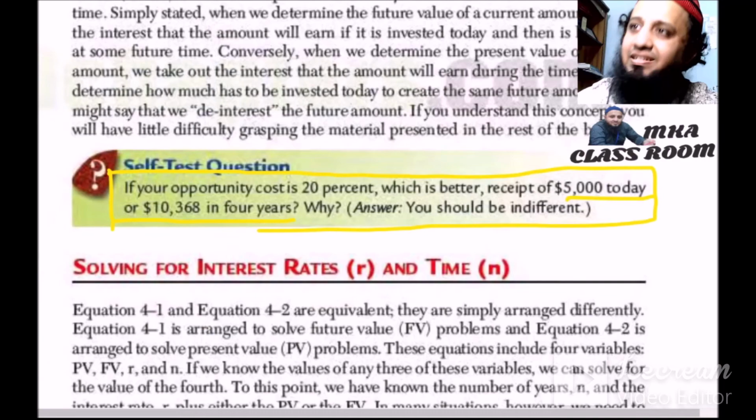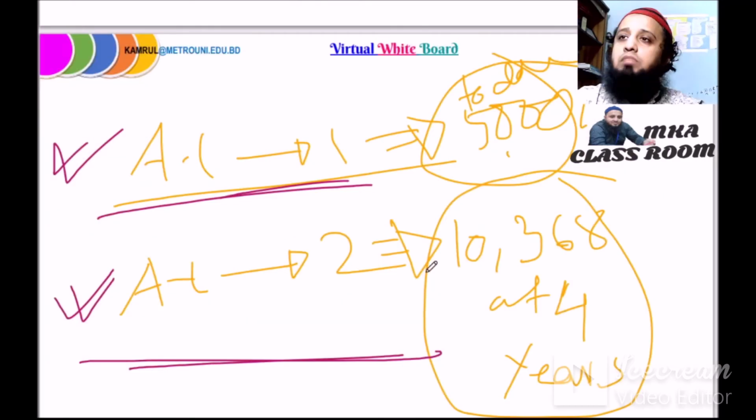So, it is very easy for us. Today we have 5,000 taka. If we find out the value of this 5,000 taka after 4 years, then we can easily solve our problem.